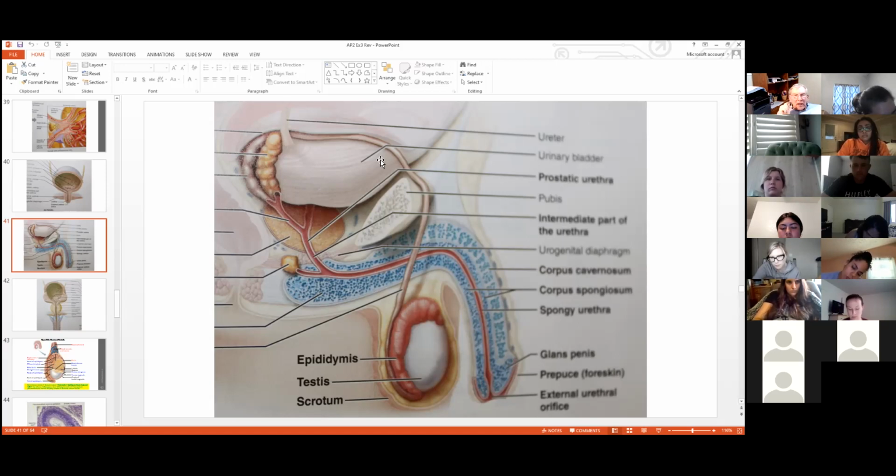Now, think about that. Those testes are still living outside of the body, so they've got to have a connection. They've got to have a blood supply, they have a nerve supply. So they're still connected to the inside. And so that inguinal canal stays there, stays open.